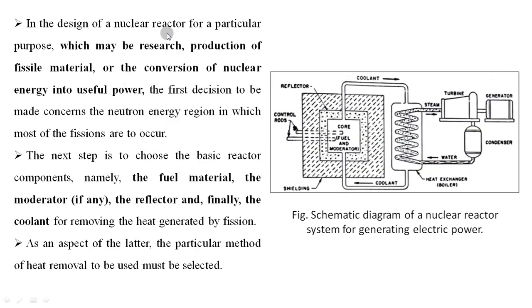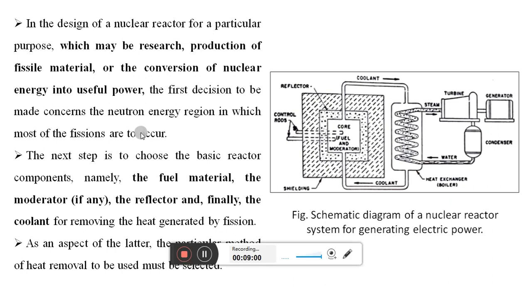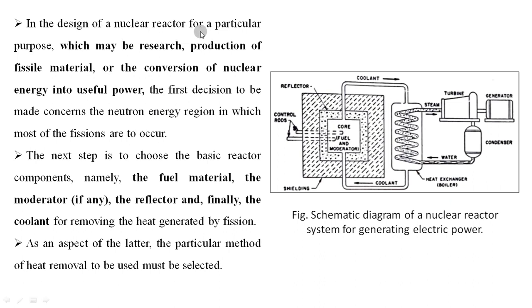In the design of a nuclear reactor for a particular purpose, the purposes being research, production of fissile material, or conversion of nuclear energy into useful power, the first decision to be made concerns the neutron energy region in which most of the fissions are to occur.